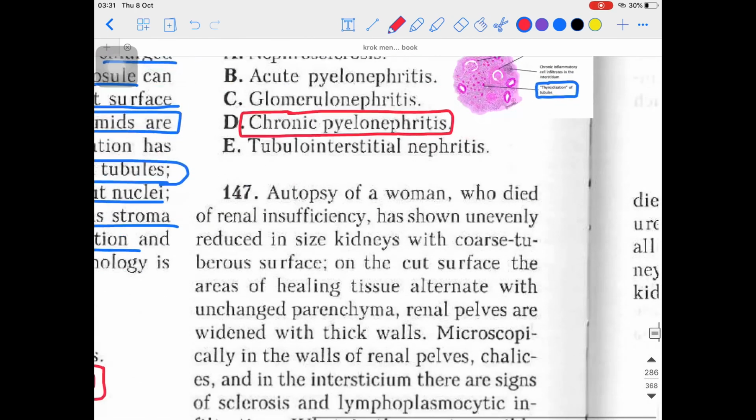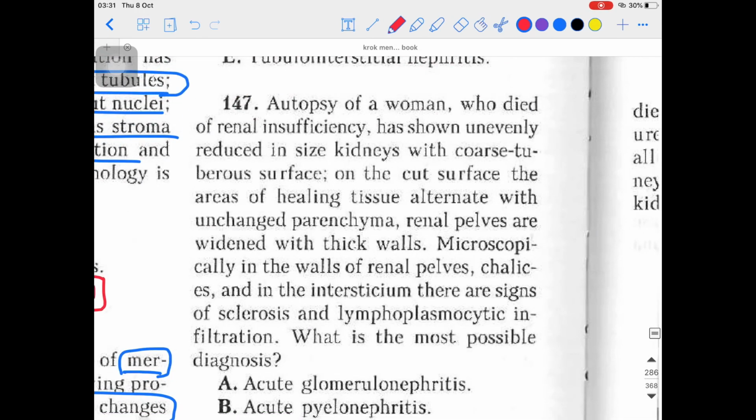Moving on to the next one: autopsy of a woman. Question 147: autopsy of a woman who died of renal insufficiency has shown unevenly reduced in size kidneys. It can't be acute tubular necrosis, because in acute tubular necrosis I told you the kidneys are enlarged. Here I am talking about reduced in size kidneys. It can be chronic pyelonephritis, however.